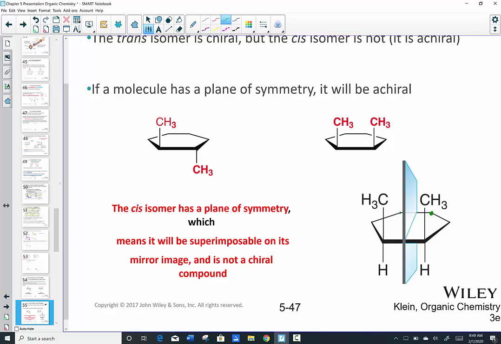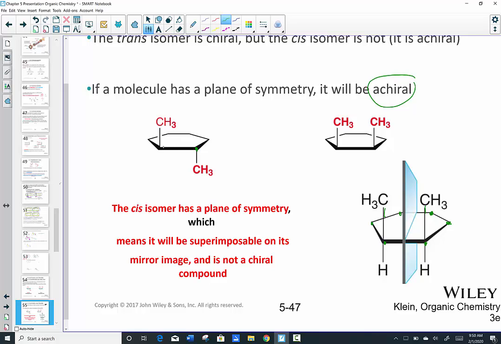Notice that as I put a plane of a mirror right through the center of that molecule, everything is reflecting back exactly in the same position as the original side. So the left reflects the right side. That's a plane of symmetry in the molecule, and therefore it is now considered to be achiral.